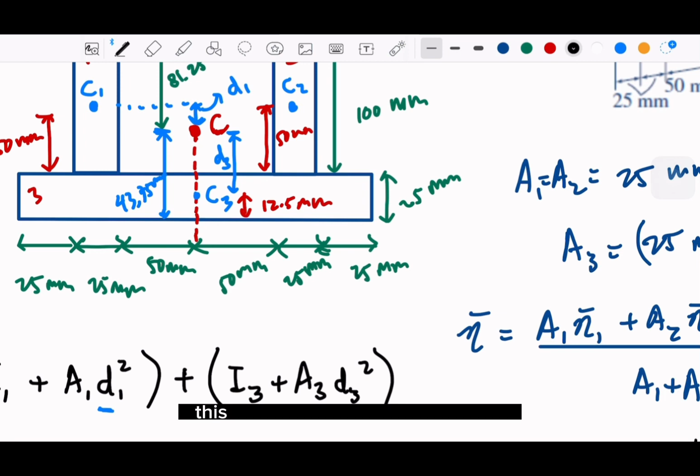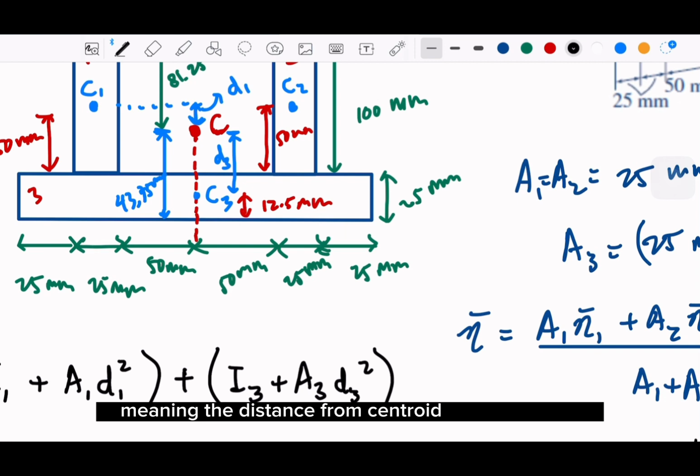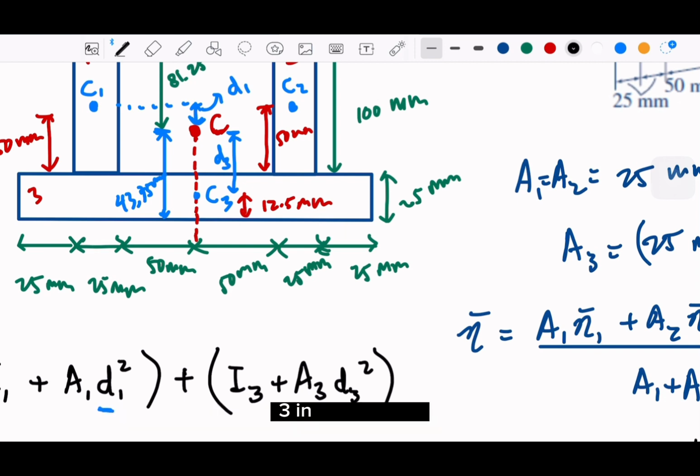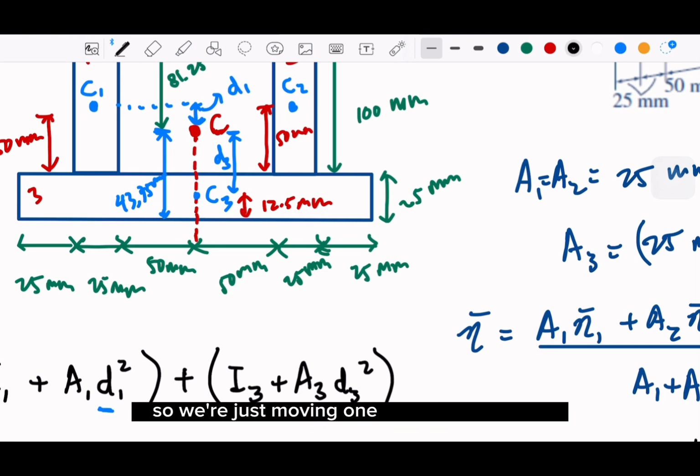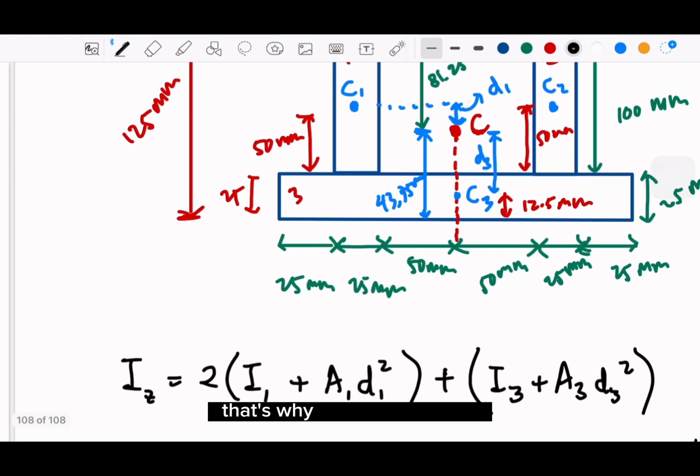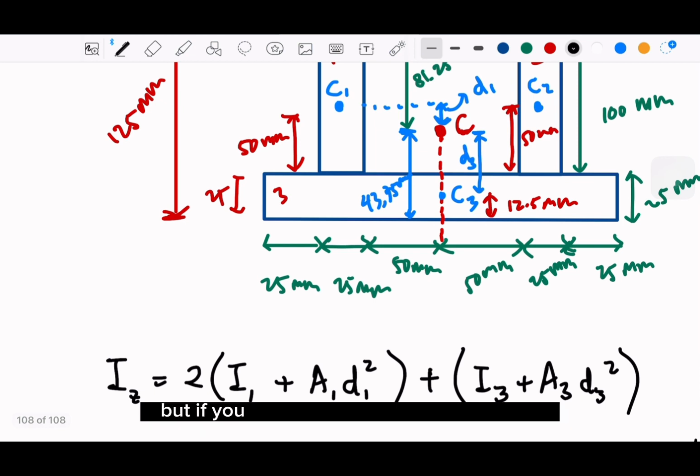You see, D is the distance from the total centroid to each centroid. For example, this is 3, it means the distance from the total centroid to the centroid 3 of each shape. Since our shapes 1 and 2 are basically the same area and the same distance, we just multiply by 2 in the front. But if you have different criteria, we need to add within three formulations.